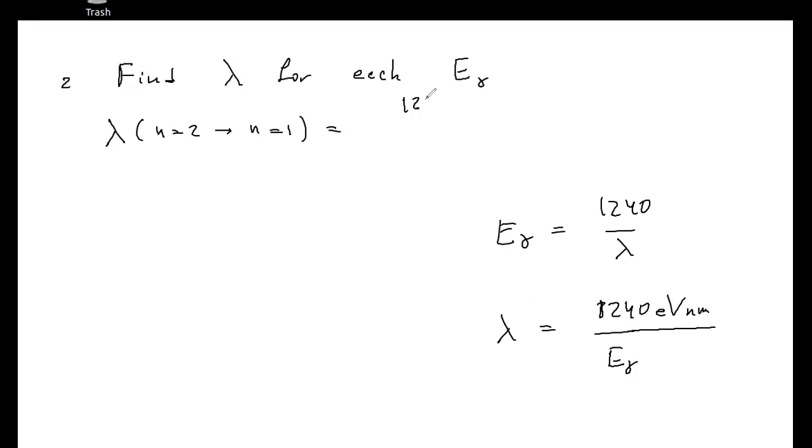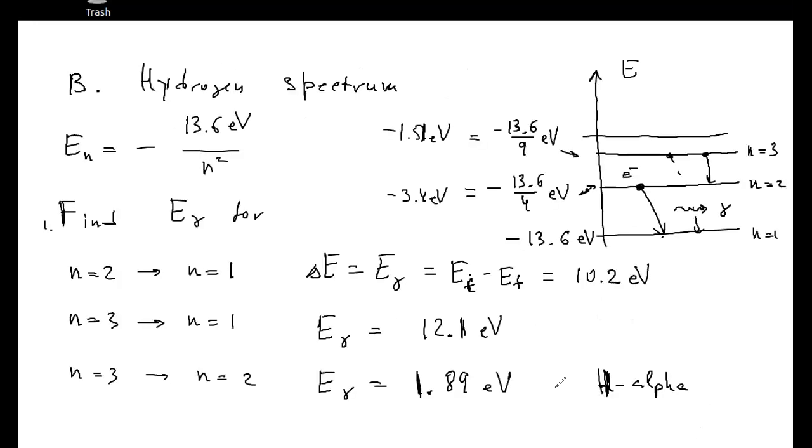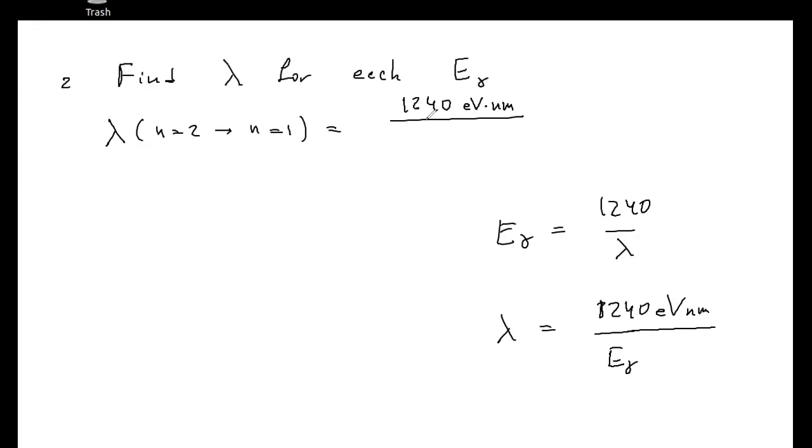So I'm gonna plug 1240 electron volt nanometers, and I'm gonna divide by the energy which corresponds to n equal 2 to n equal 1, 10.2 electron volt. So can you see that electron volt cancels out? And my answer would be in nanometers.